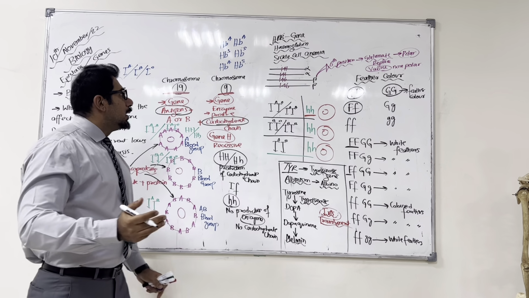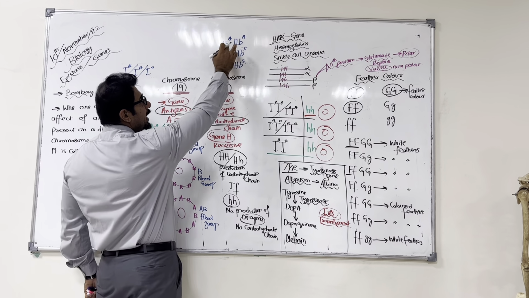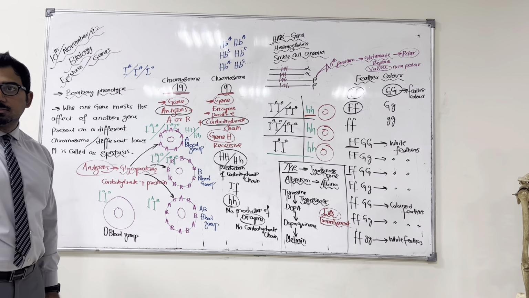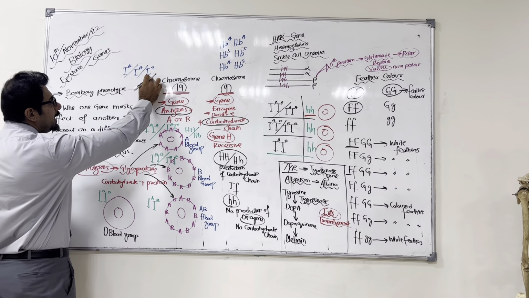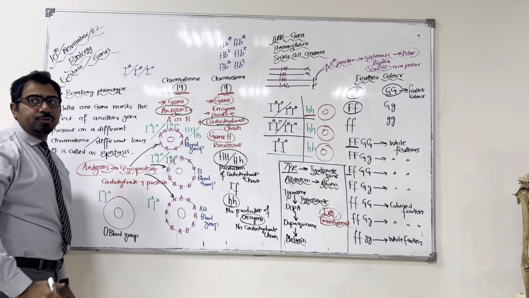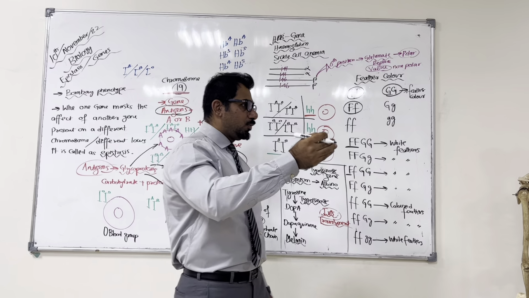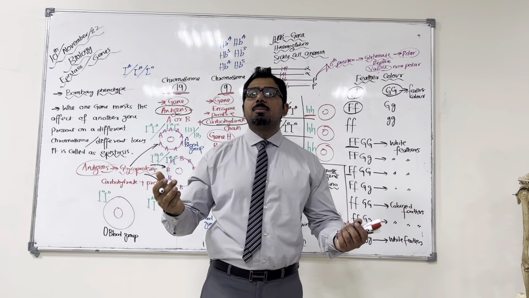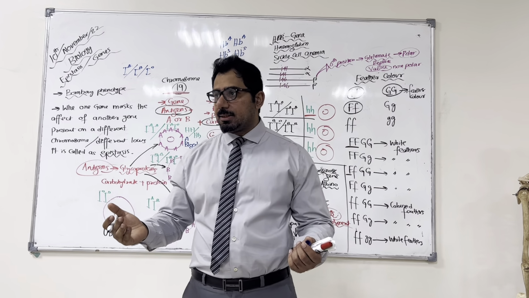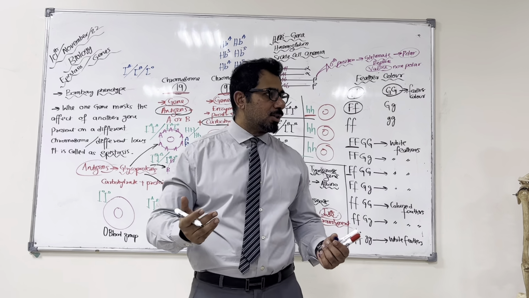As there are only 2 alleles, there are 3 phenotypes. Here there are 3 alleles, here are 4 phenotypes. Understand? So if the number of alleles increases for a particular gene, the number of phenotypes will also increase.